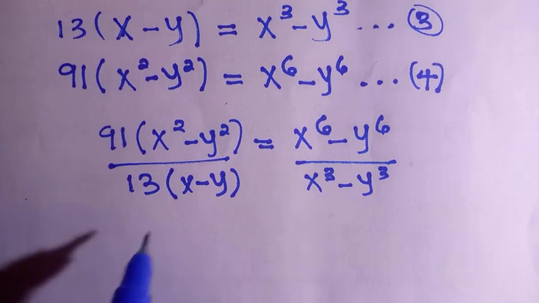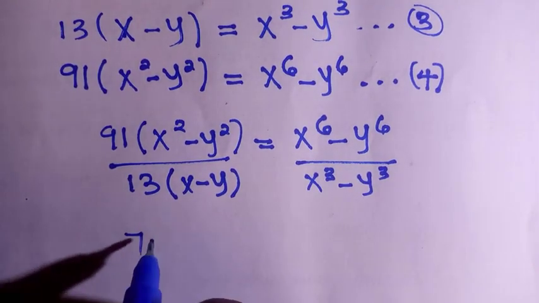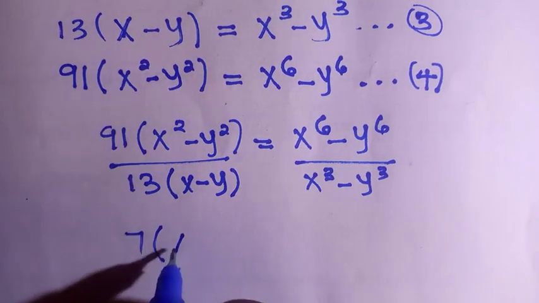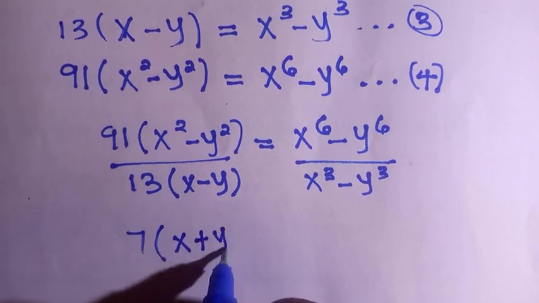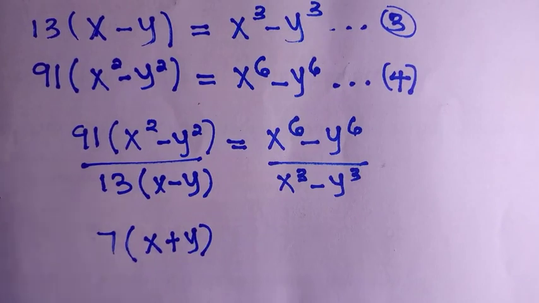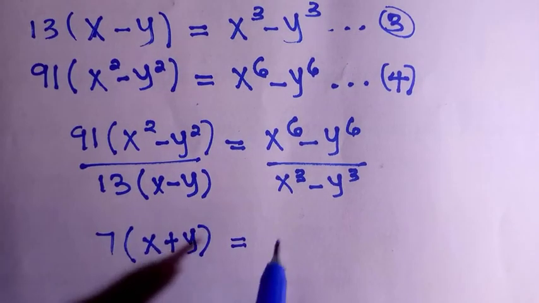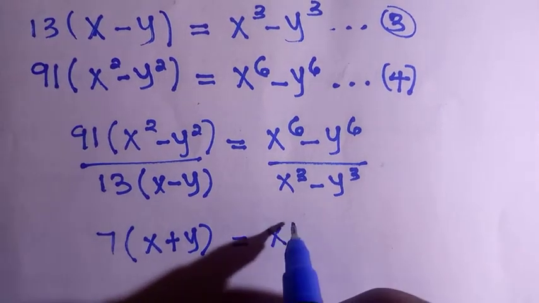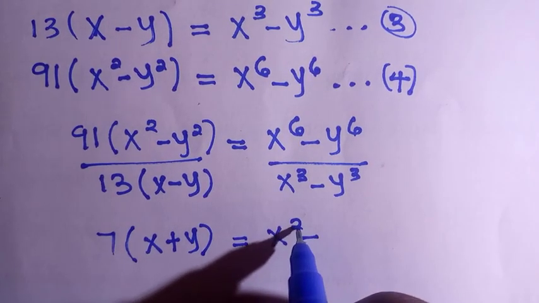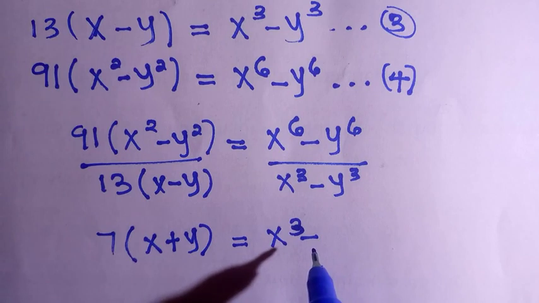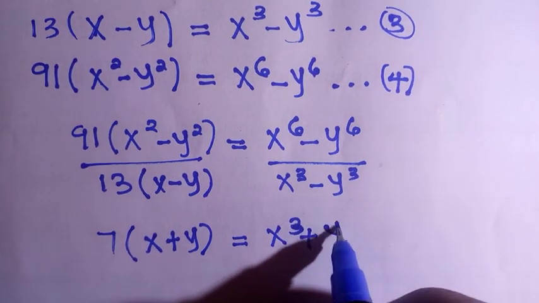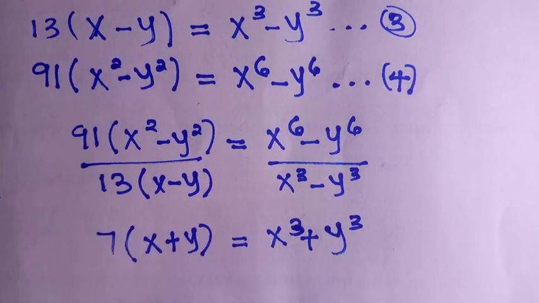So 13 in 91, that is 7. For this, x squared minus y squared can be reduced to x plus y, from difference of two squares. By applying the same thing here, this also becomes x raised to power 3 plus y raised to power 3.